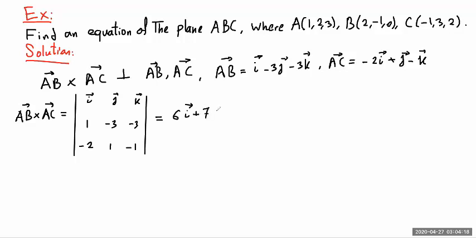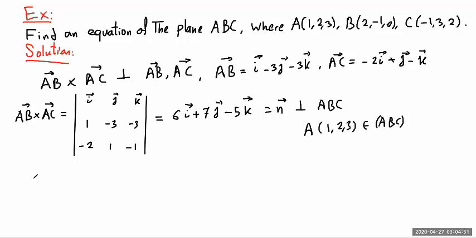Okay. K, I have 1 minus 6, so minus 5. So this is the vector n orthogonal to the plane ABC. And we can take any point, like the point A, for example, which is 1, 2, 3, that exists on the plane ABC.